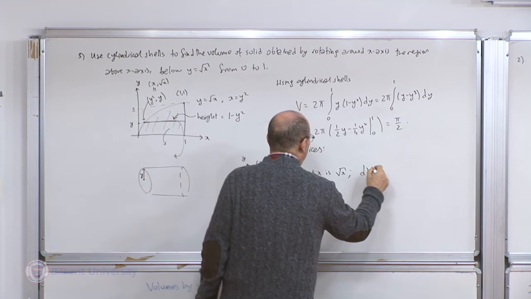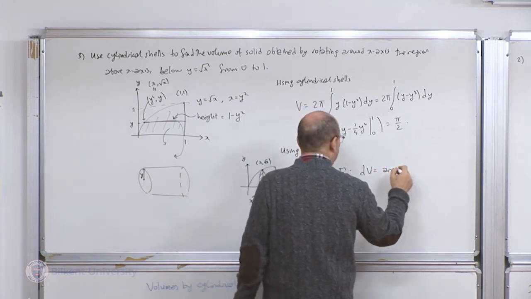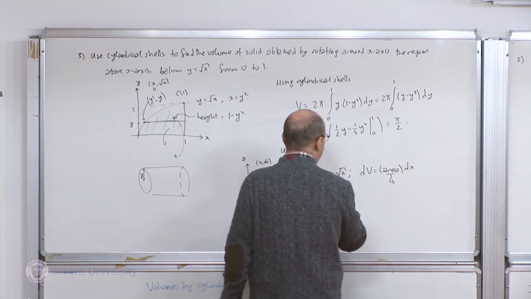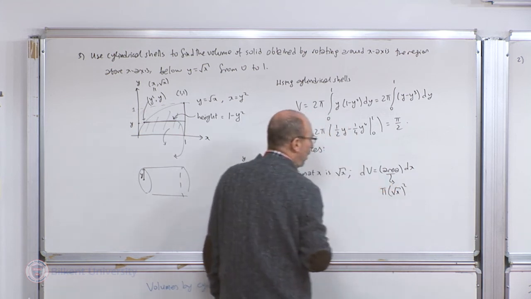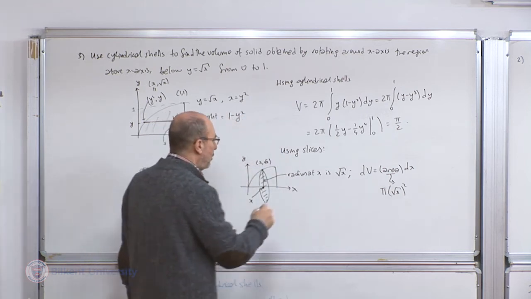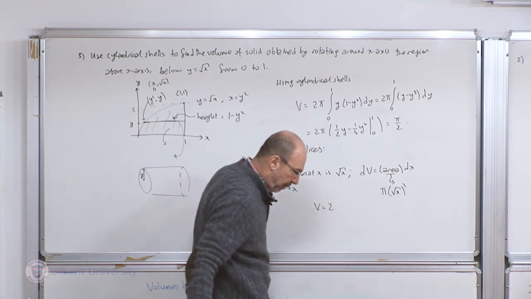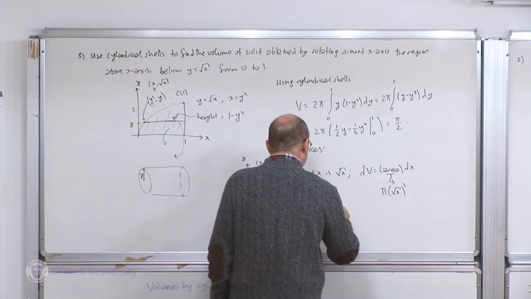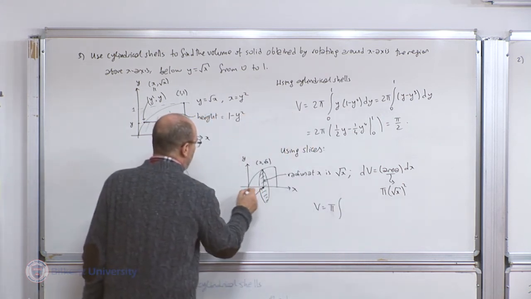Now volume, and let's say dV is area times dx. So this area is pi r squared. So here volume is going to be pi integral, again from 0 to 1.